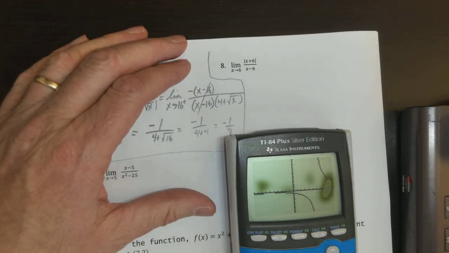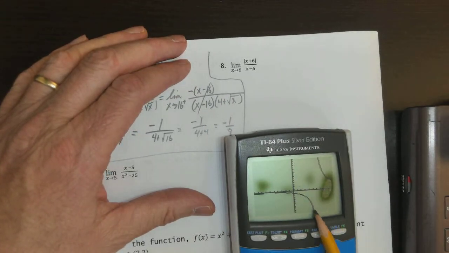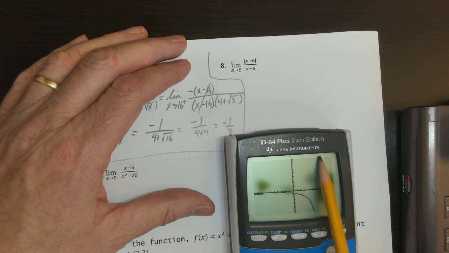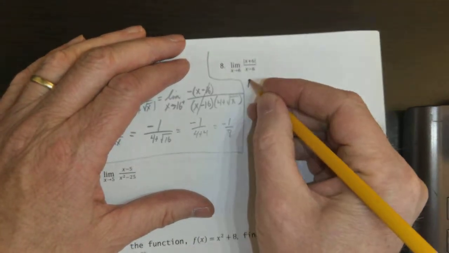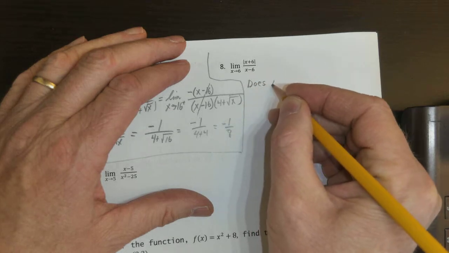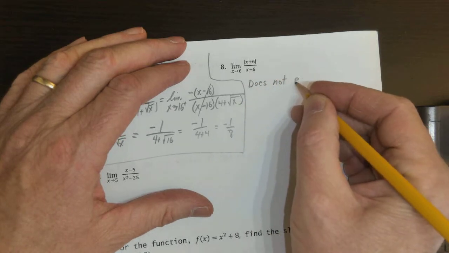Looks like once again as we approach 6, 1, 2, 3, 4, 5, 6, right there is a vertical asymptote. Negative infinity on this side, from the right it's positive infinity. So that limit does not exist.